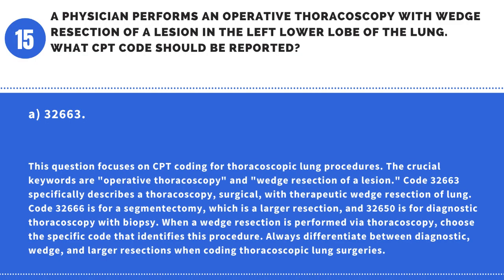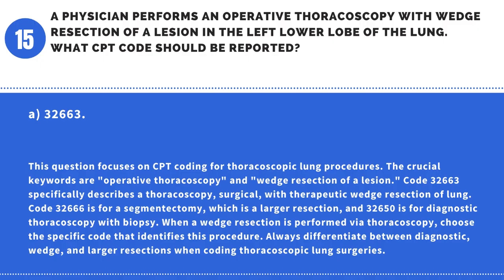Answer A. 32663. This question focuses on CPT coding for thoracoscopic lung procedures. The crucial keywords are operative thoracoscopy and wedge resection of a lesion. Code 32663 specifically describes a thoracoscopy, surgical, with therapeutic wedge resection of lung.